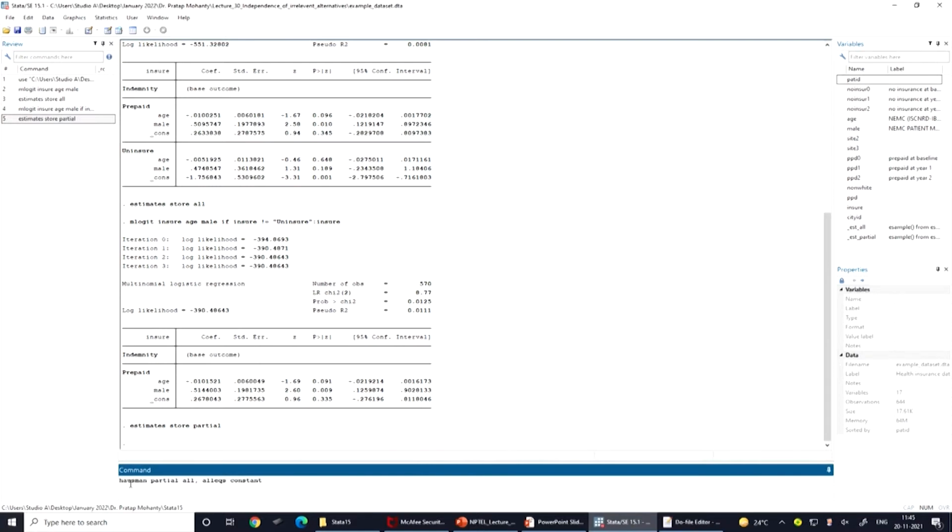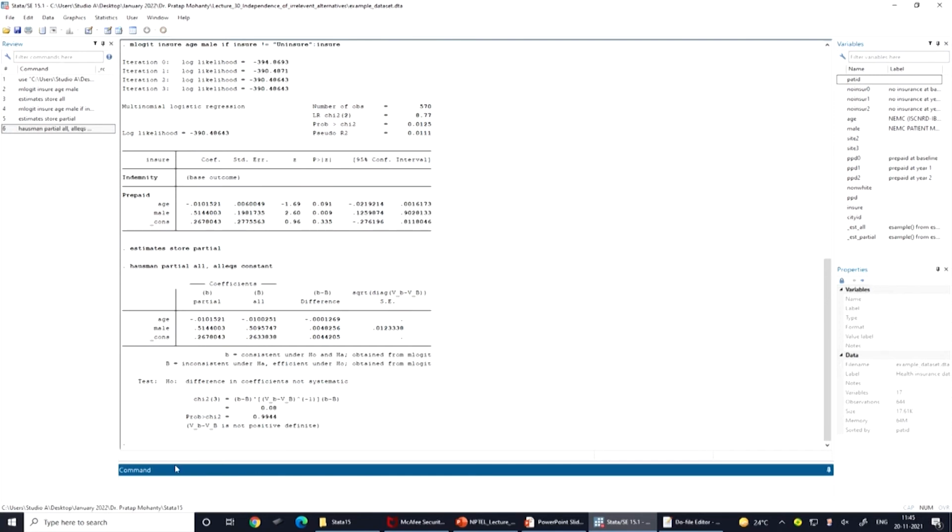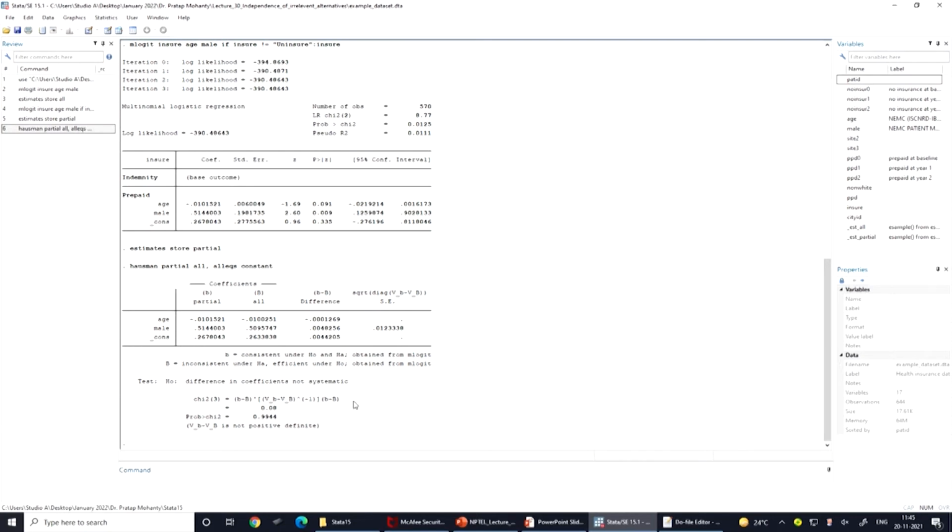To perform the Hausman test of irrelevant alternatives, the chi-square value is based on the equation displayed on your screen, small b minus capital B and its variance, where small b stands for the restricted model and capital B for the full model and its coefficients.